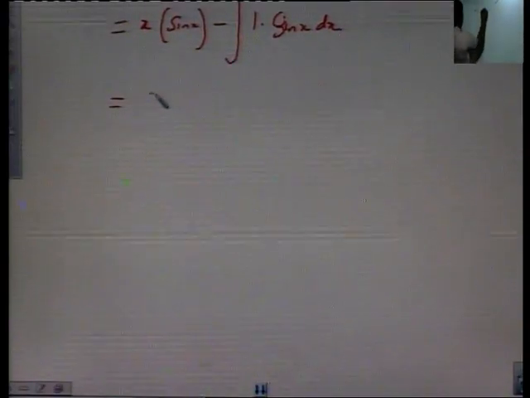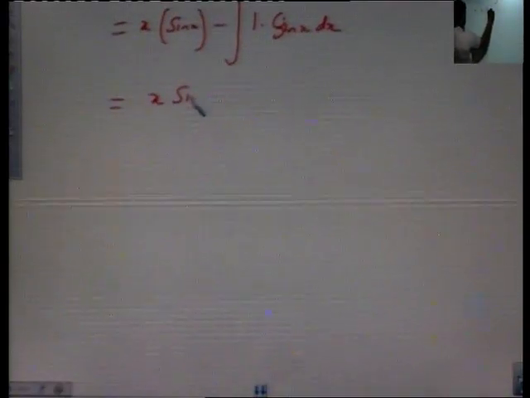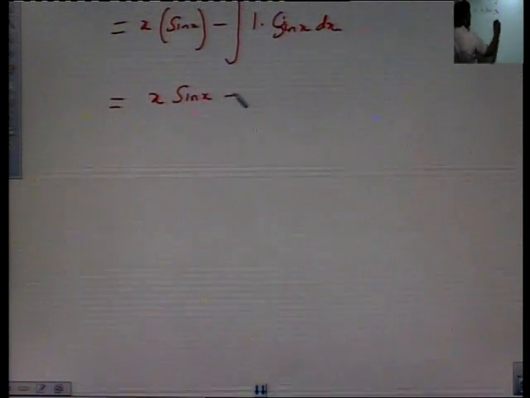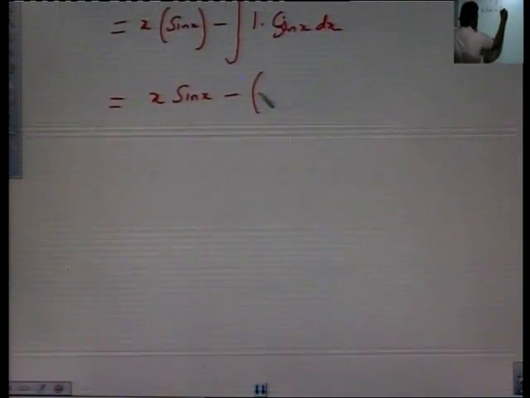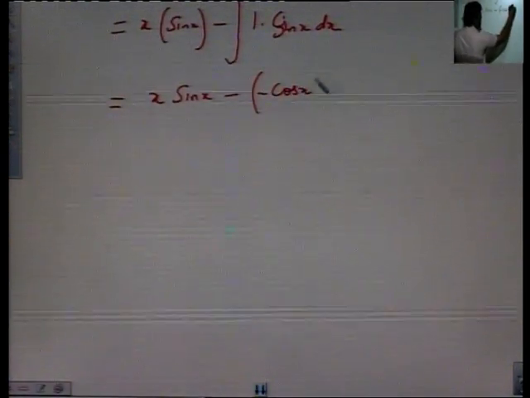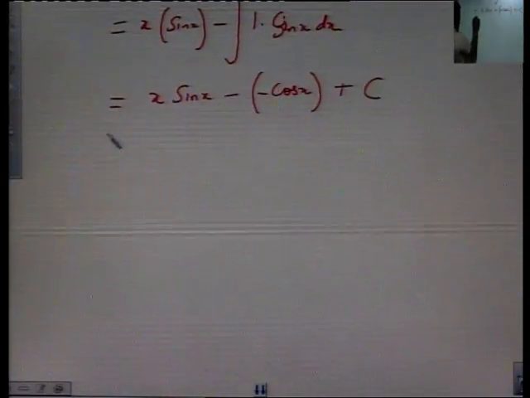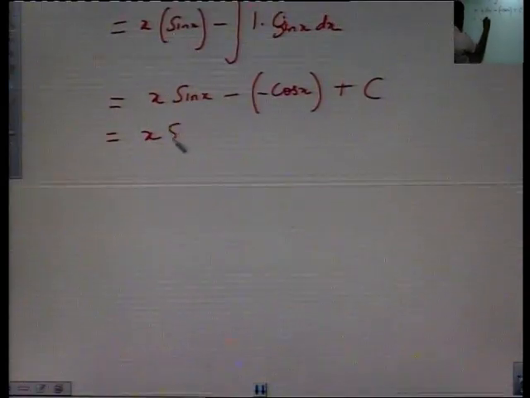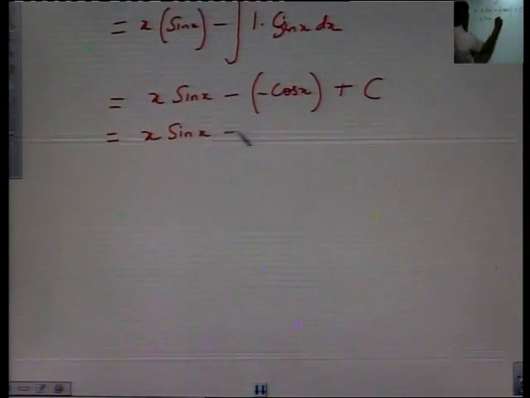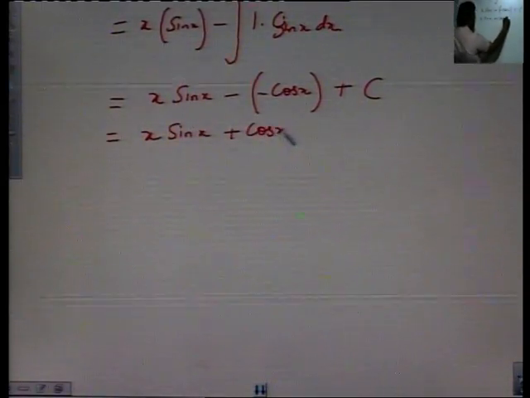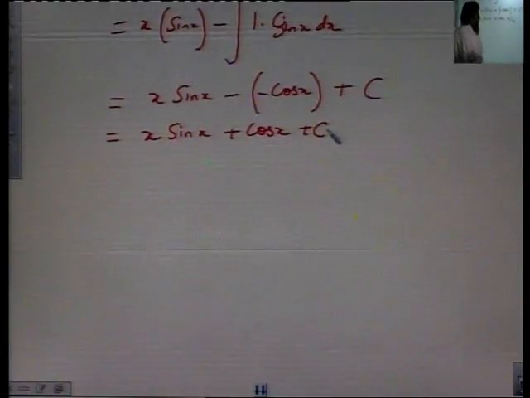This is equal to x into sin x minus what is integration of sin x? It is minus cos x plus constant of integration, that is c. So this becomes x sin x plus cos x plus c.